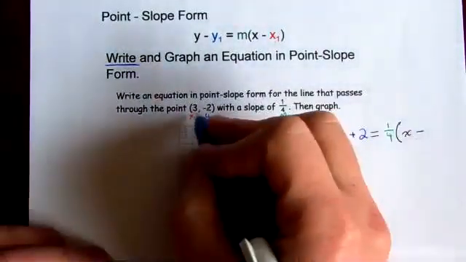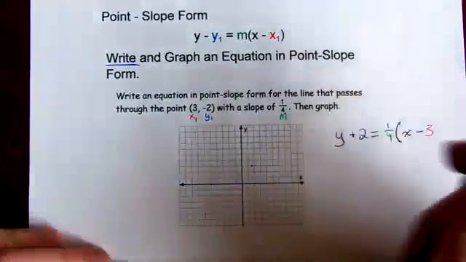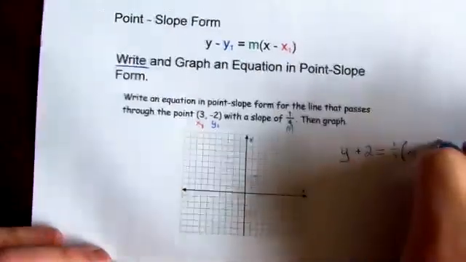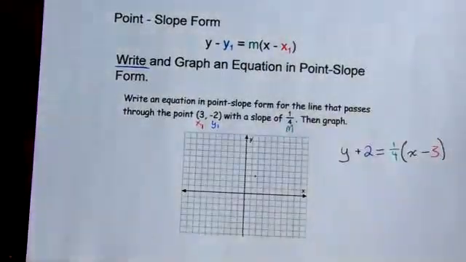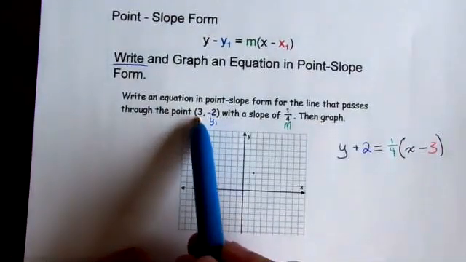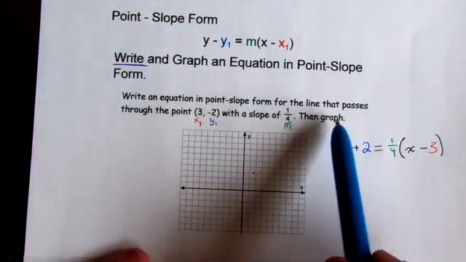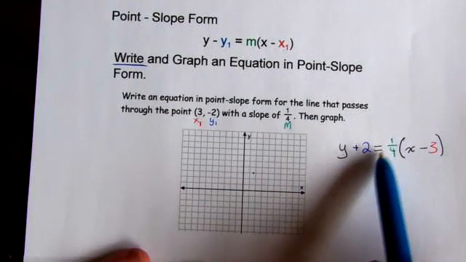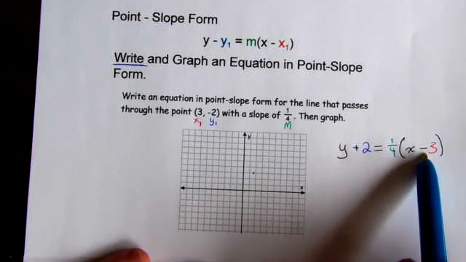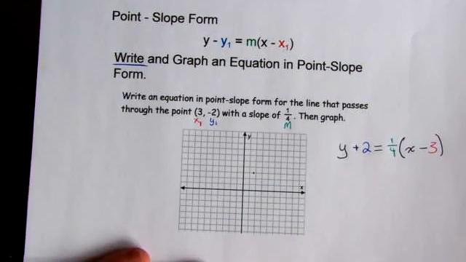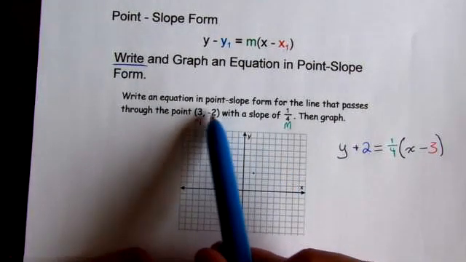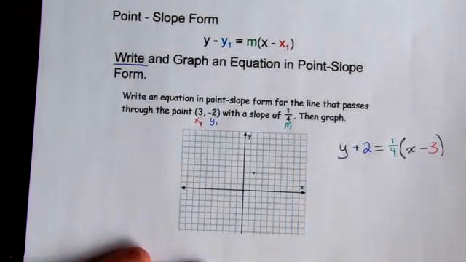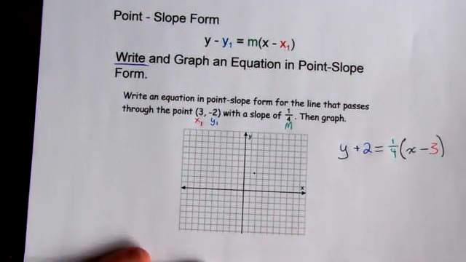Since it's a positive 3, it's going to stay as minus 3. And boom, there we go. So the equation that goes through the point (3, -2) with a slope of 1/4 would be y plus 2 equals 1/4 times x minus 3. I'm given these, and given that, we write our equation.